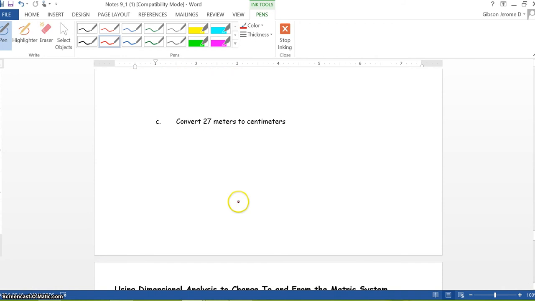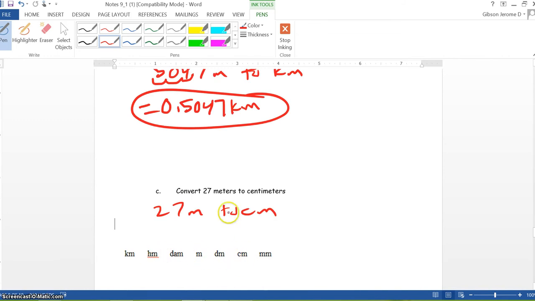Now, we scroll on to C. It says convert 27 meters to centimeters. So what we would do is we would have our 27 meters to centimeters. Now I took the liberty of putting a chart here. So we want to go from meters to centimeters, so we would go 2 places to the right.